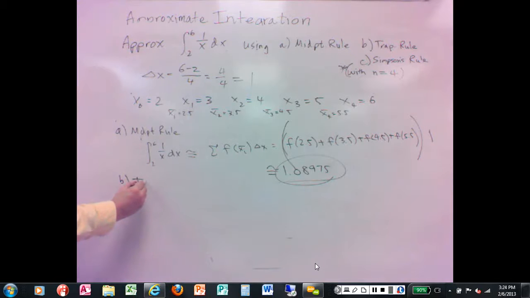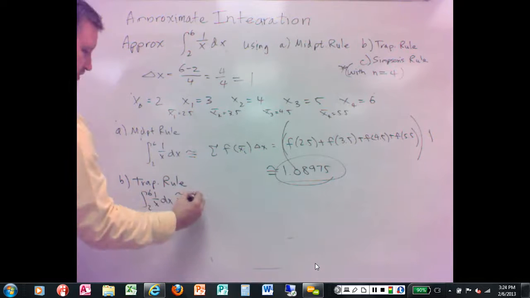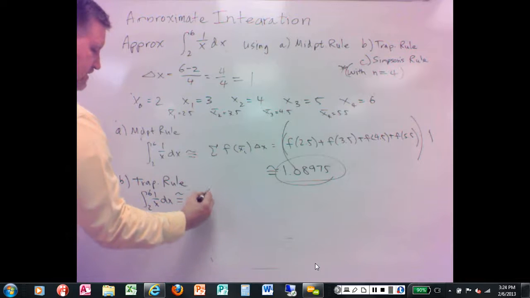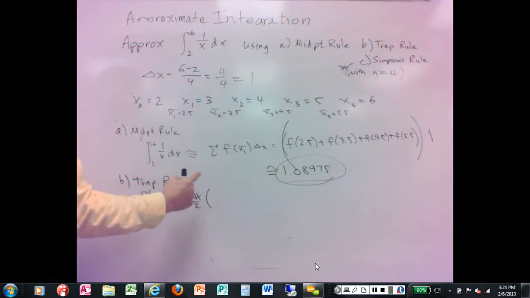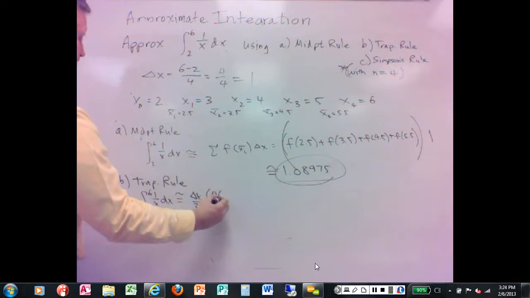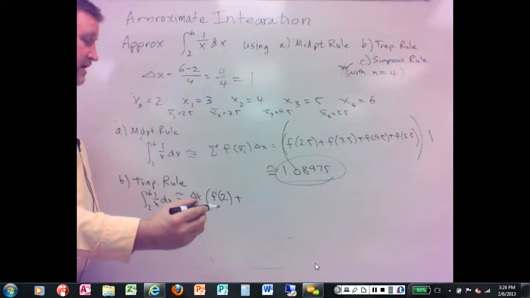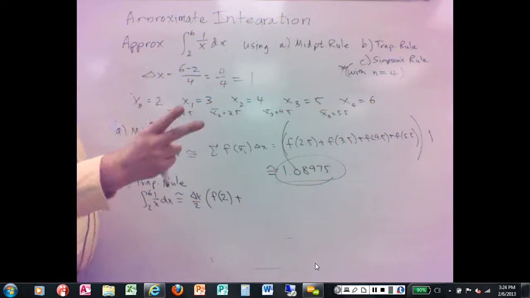Trapezoidal rule. The integral from 2 to 6 of 1 over x dx for the trapezoidal rule is approximately delta x over 2 times, how does it work? F of x sub 0, that's f of 2, plus, on trapezoidal rule, they're all just in the middle, there's 2 times it, right?